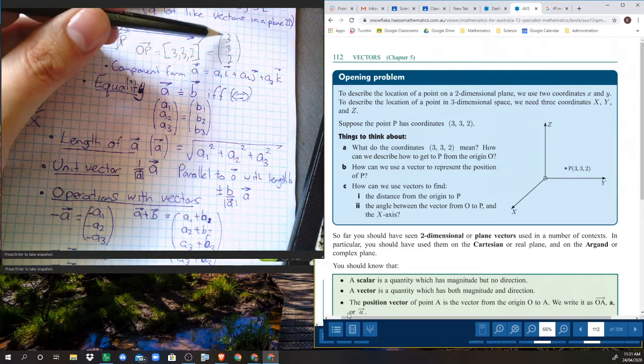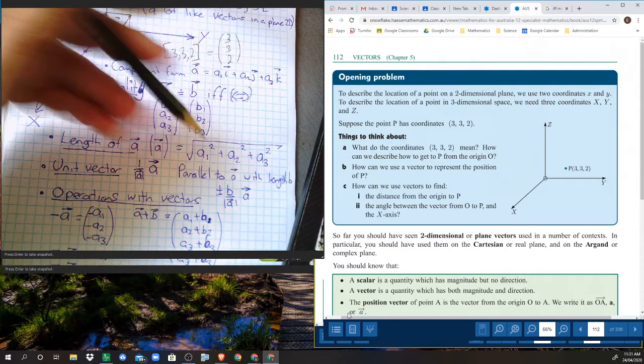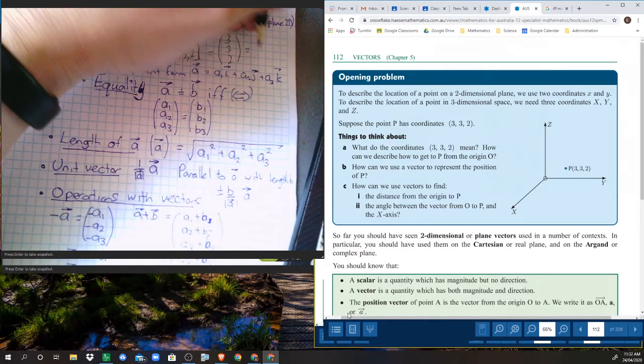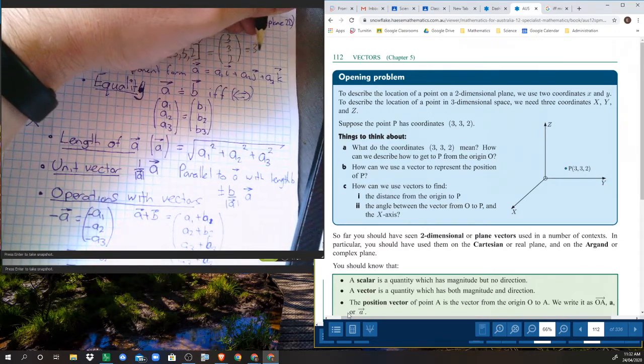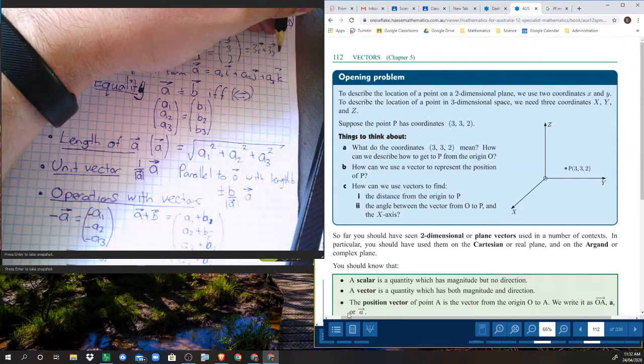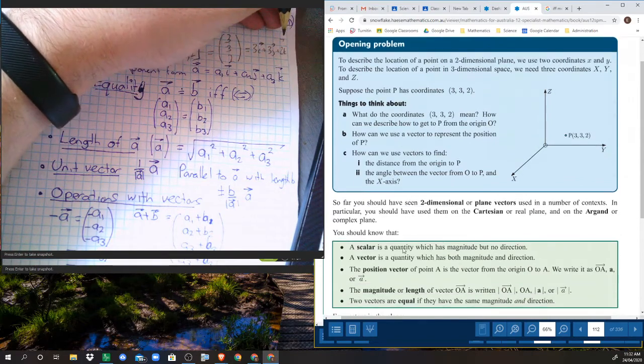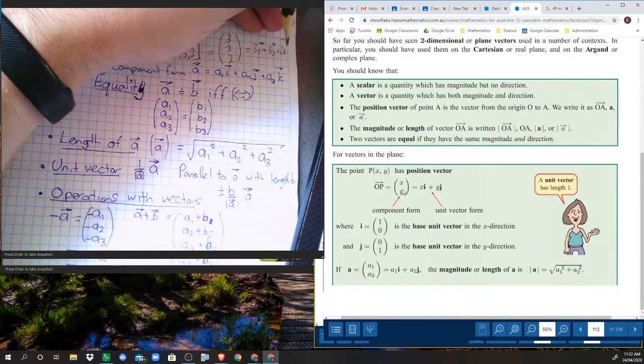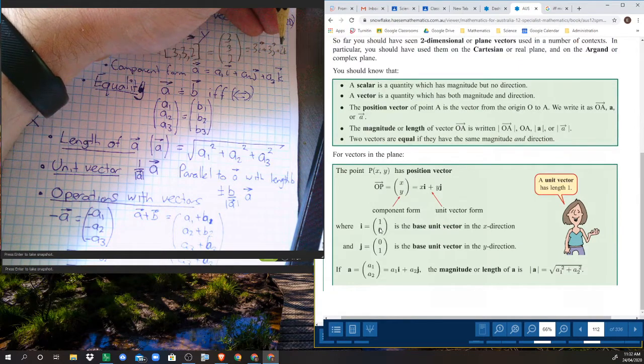So the two acceptable forms in this textbook are this or component form. Component form, if I was to write it down, is what I was actually drawing: 3i plus 3j plus 2k. Now, to describe what they are, if you look on the page here, these are just in 2 dimensions, but you remember them from there.